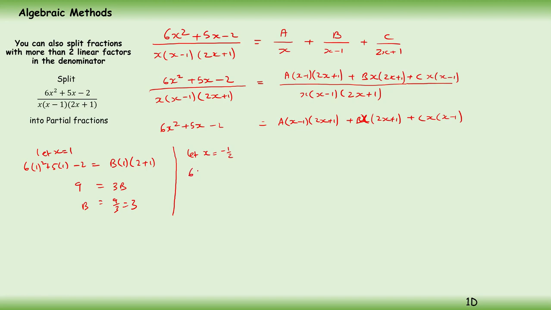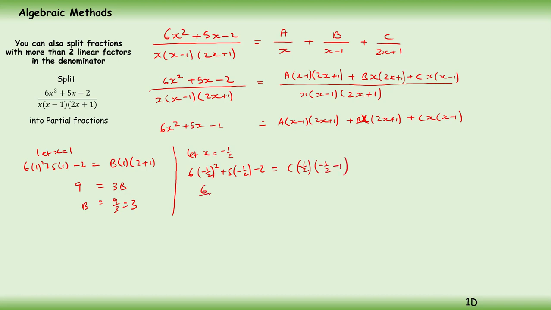So I've got 6 times minus a half squared plus 5 times minus a half minus 2 is equal to minus a half times 2 is minus 1 plus 1, so that goes, and so does the b term because that goes to 0. So I'm left with c times minus a half, times minus a half minus 1.